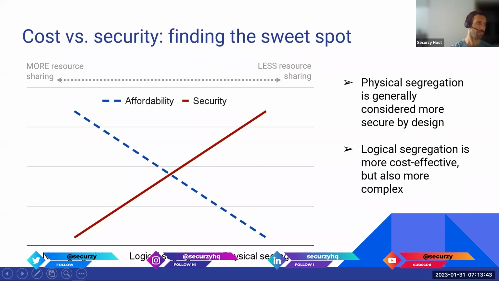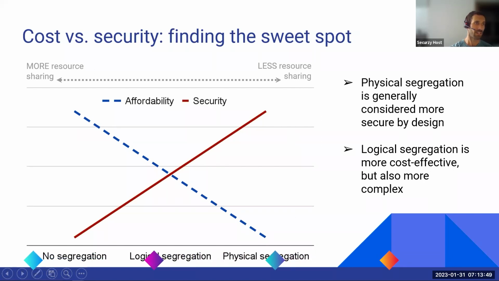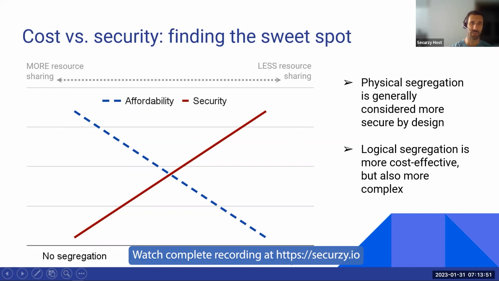What we see on the right is physical segregation between resources. That means, for example, each tenant, each SaaS solution customer, has its own server and its own database. You don't really share resources between tenants, and that's very costly.